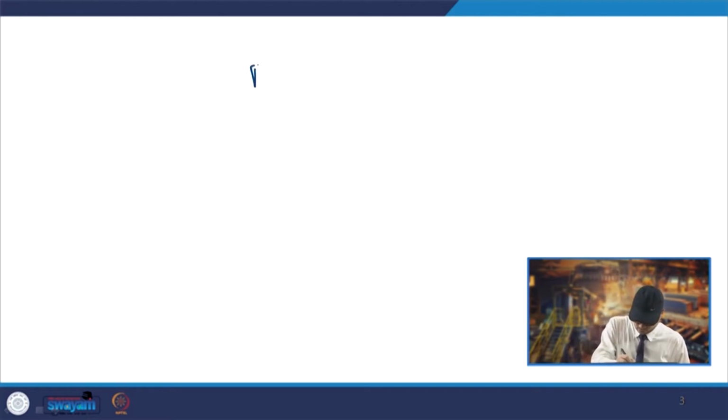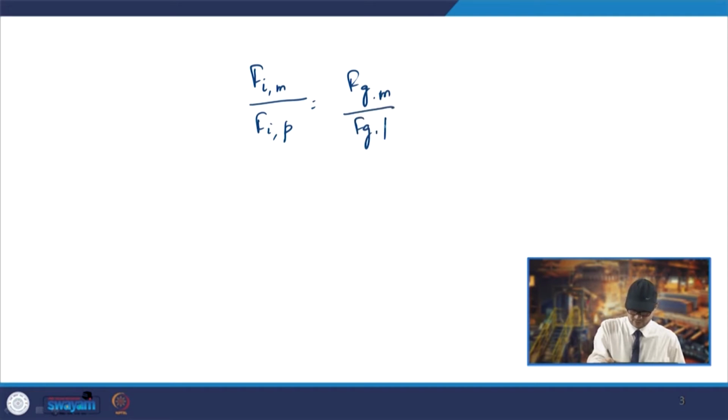So, if you take the inertial force for the model to the inertial force for the prototype, and you take the ratio for the gravitational force F G m to F G p, they will lead to another kind of non-dimensional number.